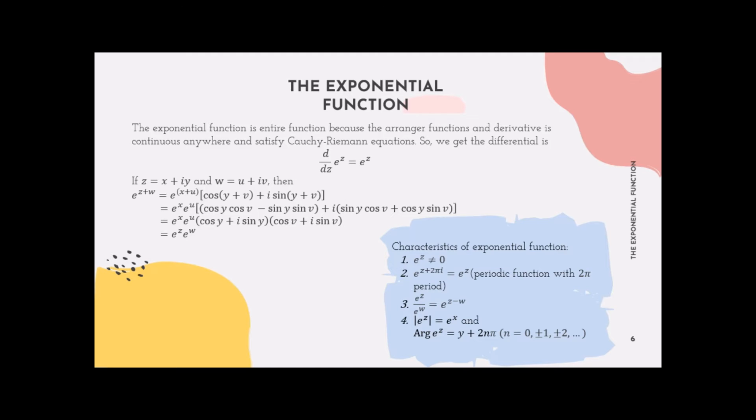And for the last, the absolute value of exp(z) equal to exp(x), and the argument of exp(z) equal to y plus 2n pi, for n equal to 0, plus minus 1, plus minus 2, and so on.